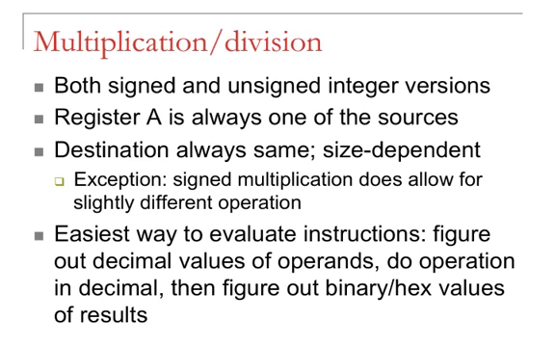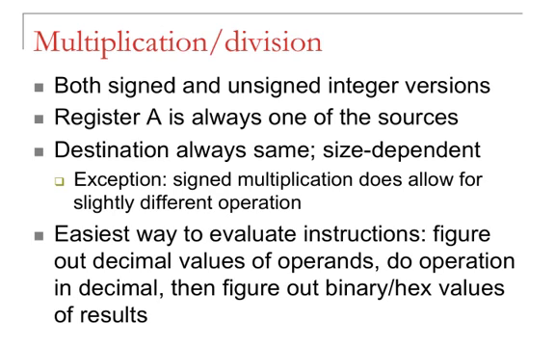All right, multiplication, division. These instructions can work on both signed and unsigned integer versions, and register A is always one of the sources. This is a little bit different from the previous additions and subtractions. This register A, including EAX, AX, AH, AL, is assumed to be one of the sources. Destination is always the same.